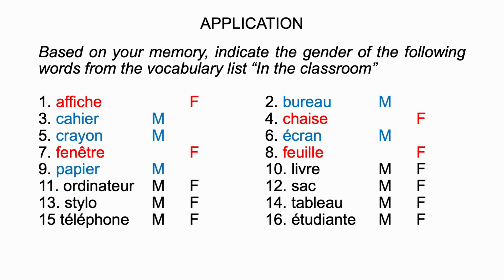Papier est masculin. 10. Livre est masculin. 11. Ordinateur est masculin. 12. Sac est masculin. 13. Stylo est masculin. 14. Tableau est masculin. 15. Téléphone est masculin. 16. Étudiante est féminin.